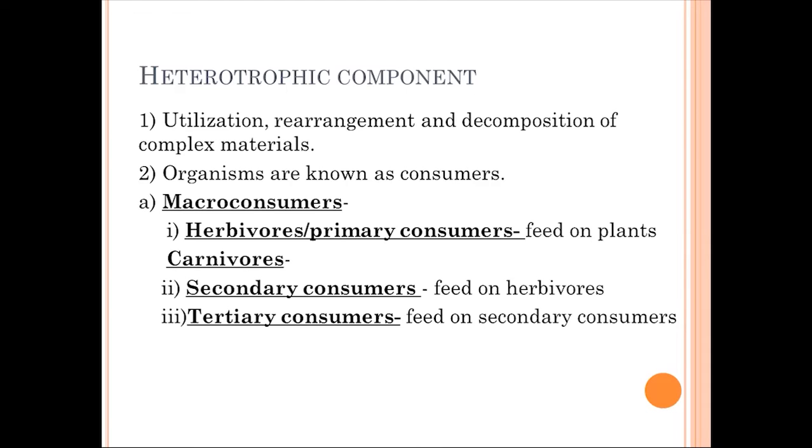So all these are known as herbivores or primary consumers. Deer is also a primary consumer. Then secondary consumers, they feed on primary consumers. For example, snake, then wolves. All of these are the secondary consumers which feed on the herbivores.